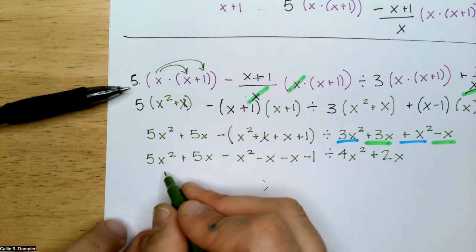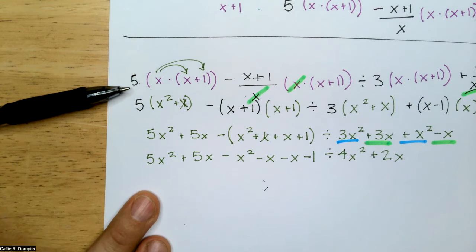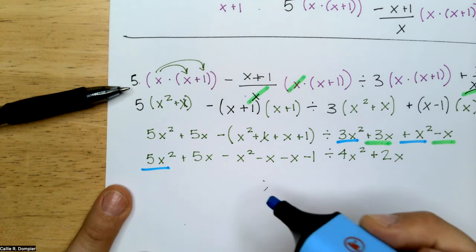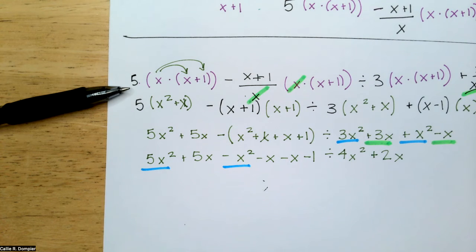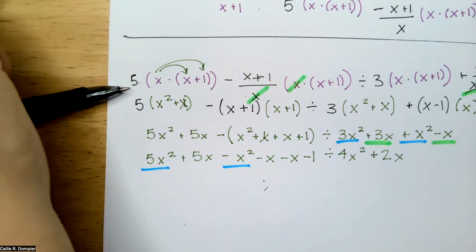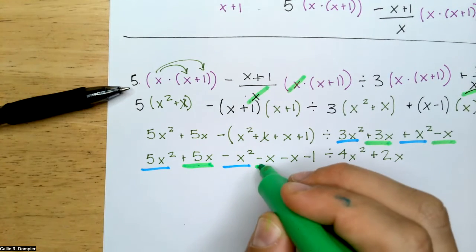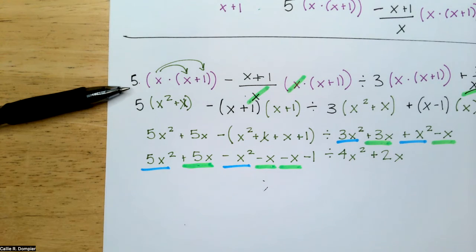Good. Now I can combine like terms here. Here we have 5x squared minus x squared, and we have 5x minus x minus x.